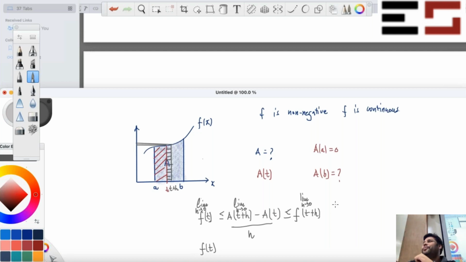Is that clear? That's the definition of continuity. Remember, we say that a particular function is continuous at a if the limit as x goes to a of f of x is f of a. So basically if you plug in x equal to a, you'll get the limit. That's the definition of continuity.